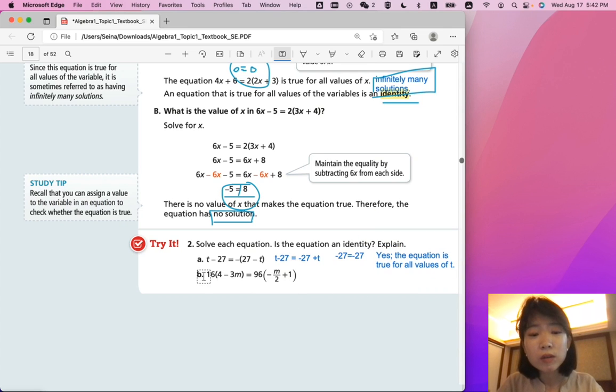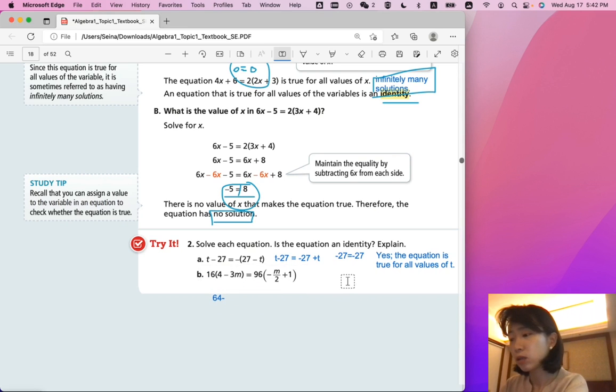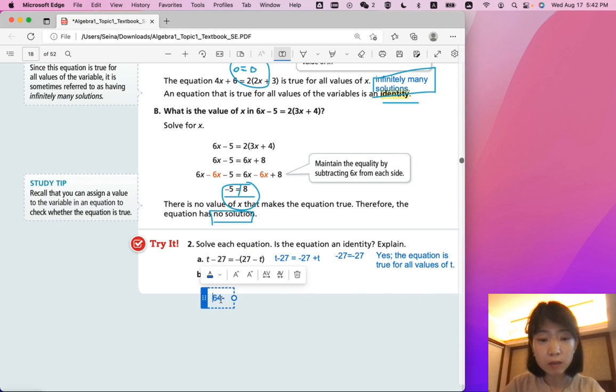Part B. If you solve for this, what do you get? 16 times 4, when you distribute the 16, it should be 64 minus 16 times 3 is 48, so 48m is equal to 96 times negative 96. m minus 2 divided by 2 plus 1 times 96.